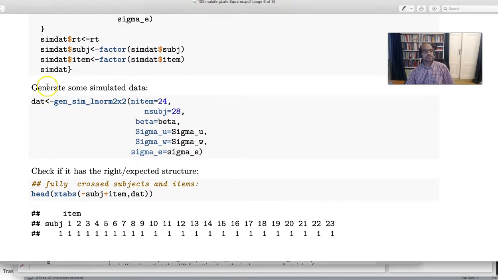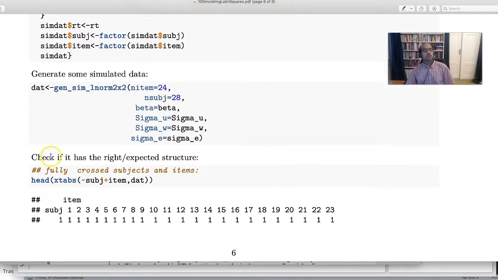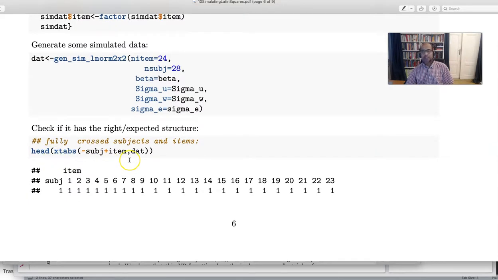Now we can just test this code first. We've set up everything. These estimates I just showed you how I computed. I've taken the number of items and the number of subjects from the Levy and Keller data. And I'm going to now generate some simulated data to see if it has the expected properties. Is it actually a Latinsquare or not? I must check that. So first of all, I expect, if it's a Latinsquare, that every subject will see exactly one item.